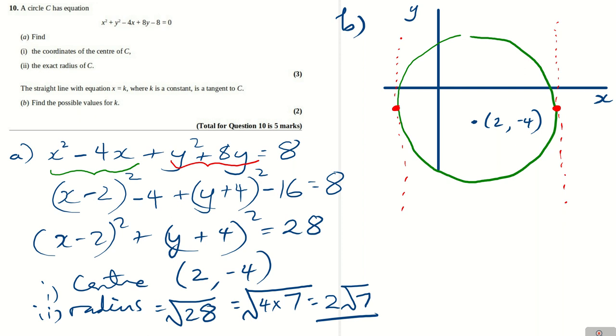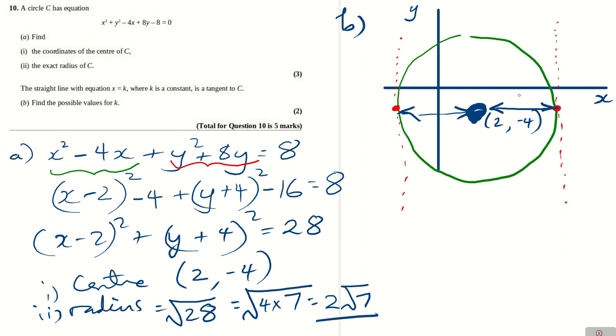Right, so let's think about it. If this is the centre of the circle here, now the vertical lines are going to be, again I haven't drawn it very well, my centre should look like that, and can you see that where these vertical lines are tangents, it's going to be either side of the centre a distance one radius length away.